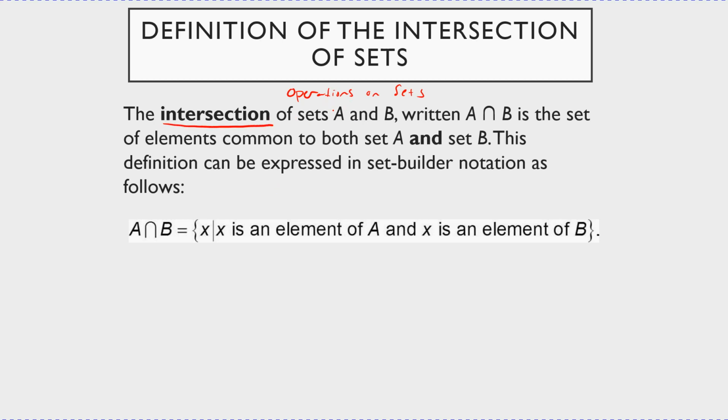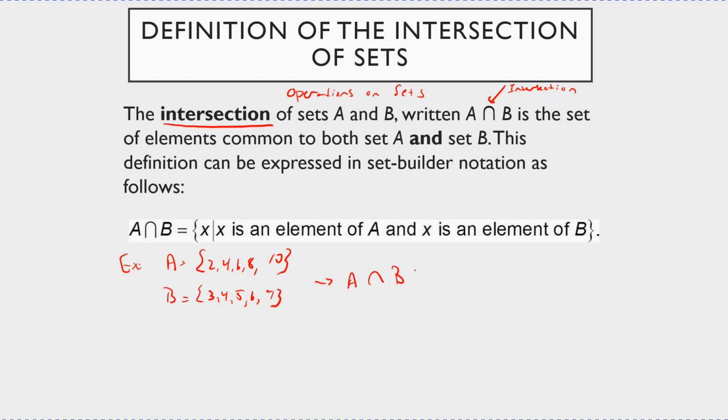The intersection of 2 sets, A and B, written as A, and then this sign here means intersection, B, is a set of elements common to both set A and set B. This definition can be expressed in set builder notation as follows: A intersect B is all x such that x is an element of A and x is an element of B. So for example, let's say set A is the numbers 2, 4, 6, 8, and 10, and set B is the numbers 3, 4, 5, 6, and 9.